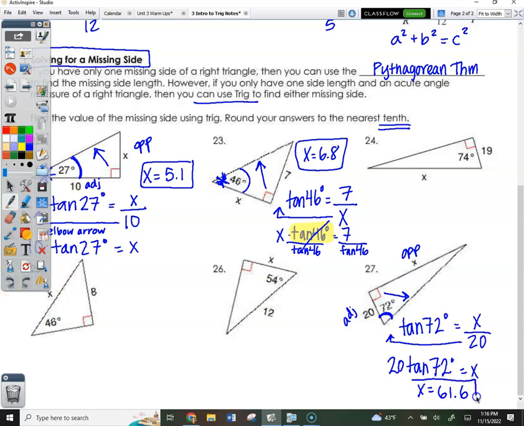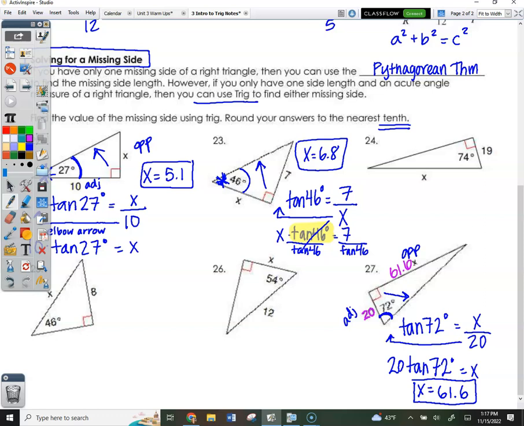Okay, you might think to yourself, 61.6 seems like a really big answer. Go to the picture, look at it. We said X is 61.6 here. What is this side? 20.